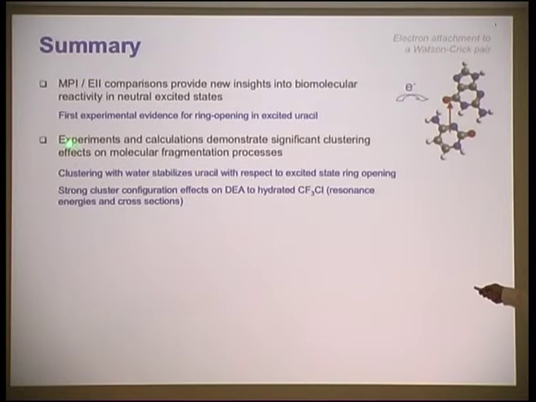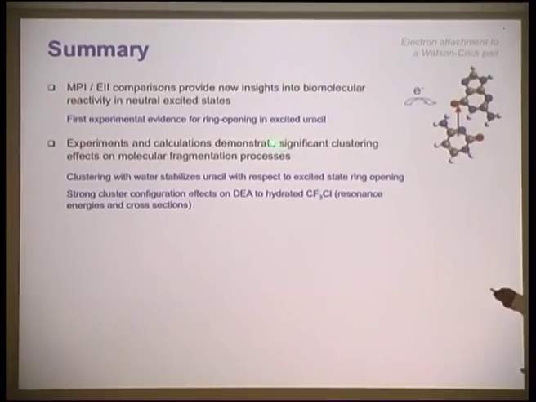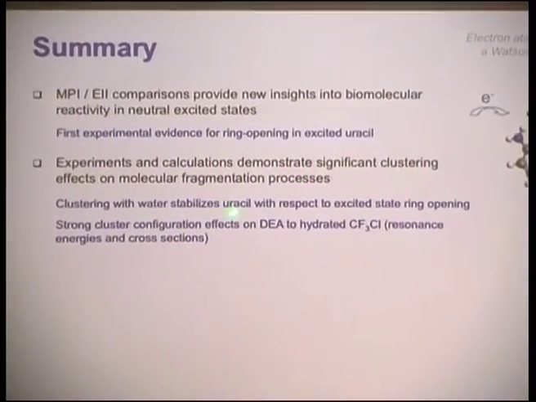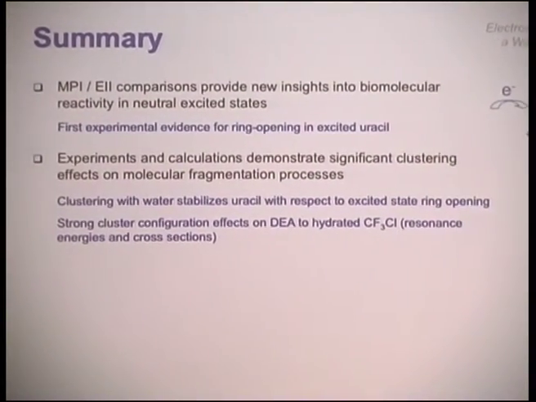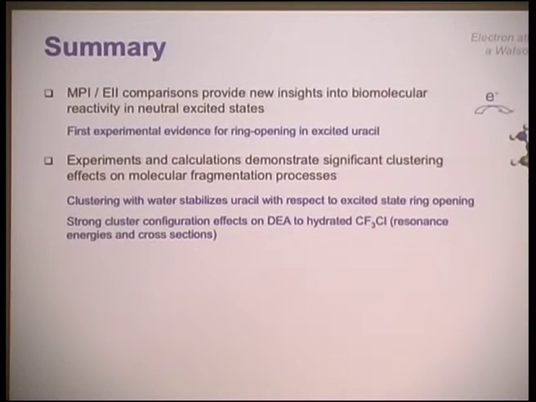And experiments by us and calculations by Jimena have demonstrated significant clustering effects on molecular fragmentation processes. In our case, looking at dissociative ionization processes, in her case, looking at dissociative electron attachment processes.